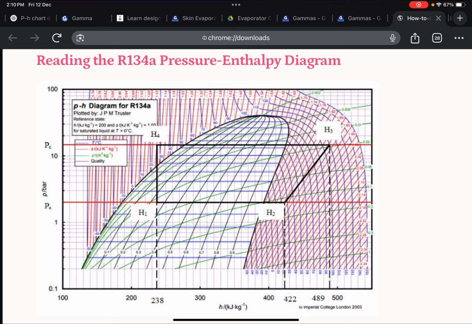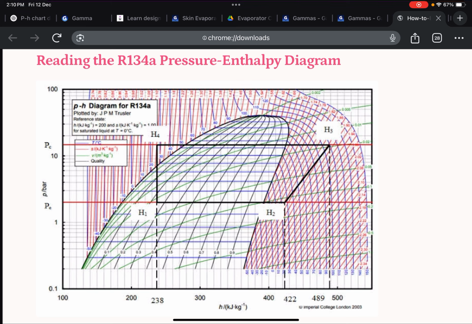For example, in this diagram, state 1 is the inlet to the evaporator. In the evaporator of the refrigerator, the refrigerant enters at state 1.